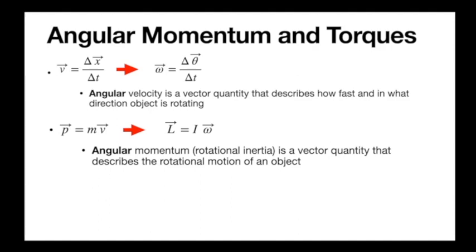So L here is angular momentum, and we get it by multiplying our angular velocity, omega, by I, which is like our rotational mass. We call it our rotational inertia. It's also called moment of inertia. I'll use both of those terms interchangeably, rotational inertia and moment of inertia. But you multiply your angular velocity by your rotational inertia, and that gives us our angular momentum.